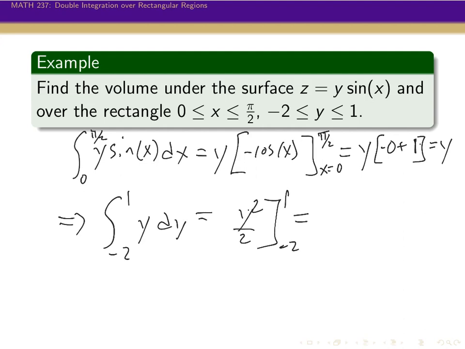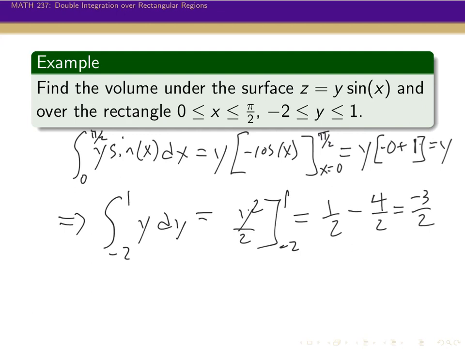If I plug 1 in, I get 1/2, and then minus plugging minus 2 in, it's going to give me 4 over 2, and so this is minus 3/2. And so that's doing x first and y second. So remember that we get minus 3/2 out of this.